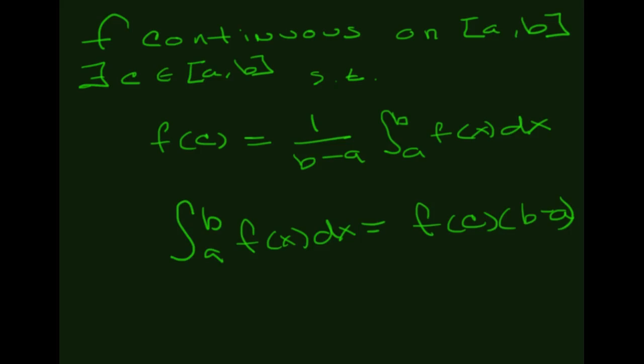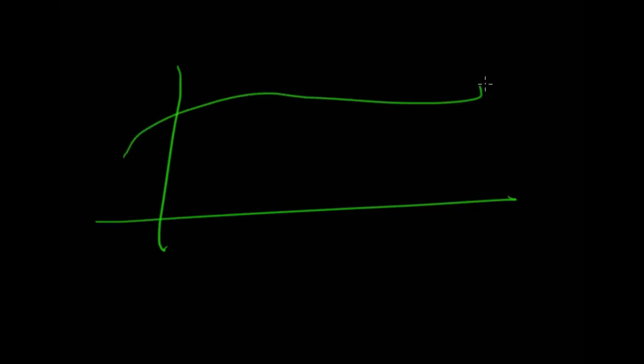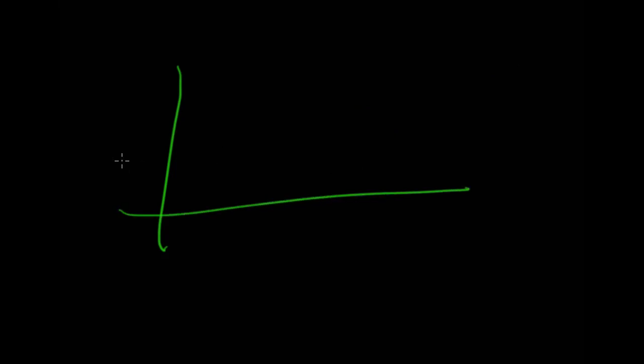Let's take a look at what that means geometrically. So the geometry of this is actually quite simple. You literally just draw the curve f of x. Let's make this a little more steep. Let's say f of x goes like this.